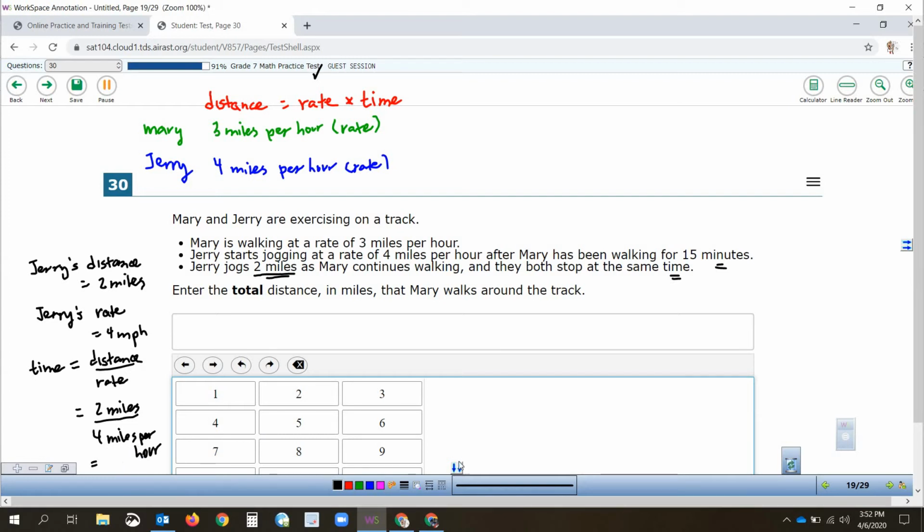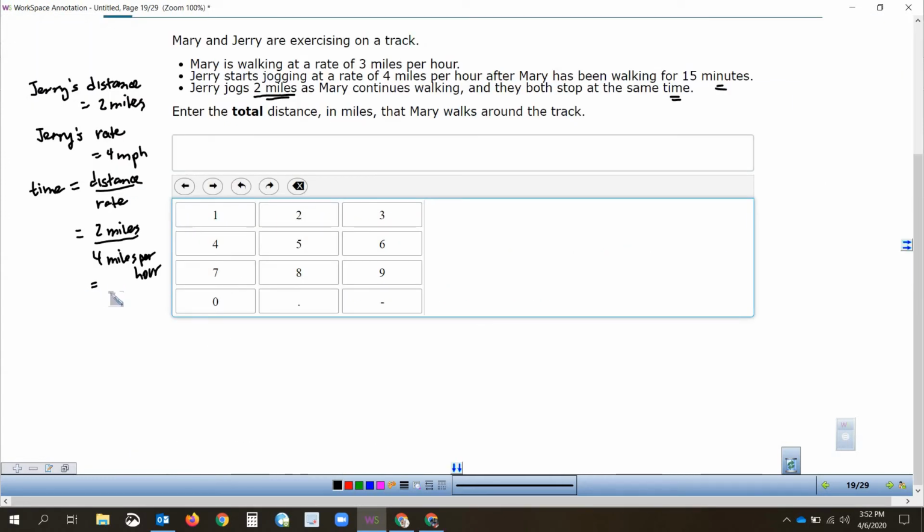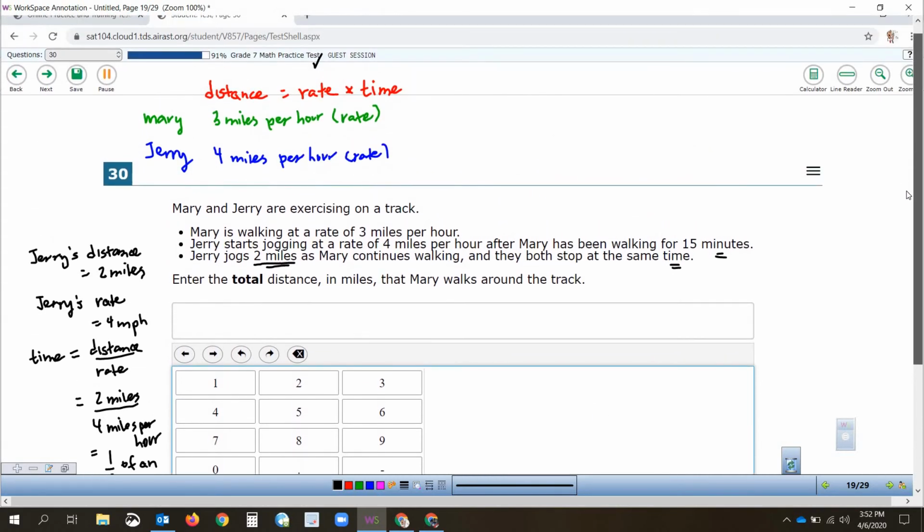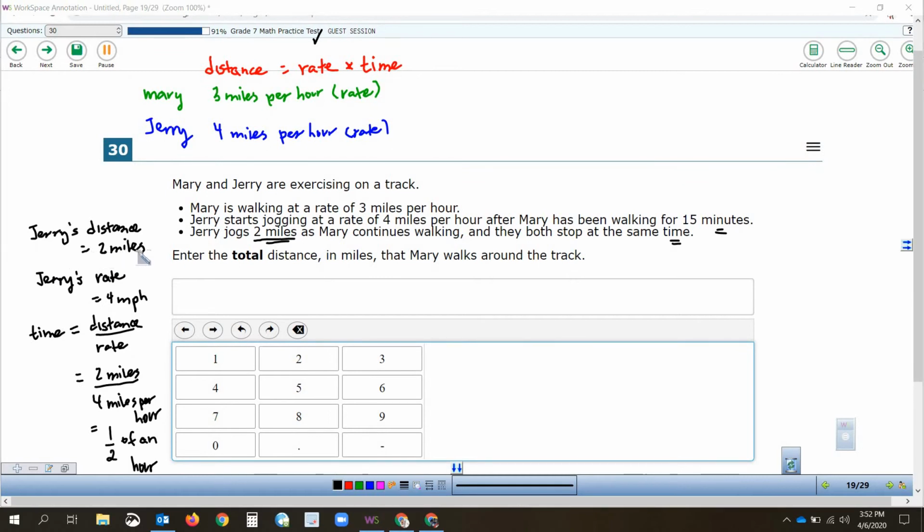Well, 2 divided by 4 is what? 2 divided by 4 is 1/2. So it takes him 1/2 of an hour. So we know that Jerry's distance was 2 miles. We know his rate was 4 miles per hour, and we know his time was 1/2 an hour. All right?